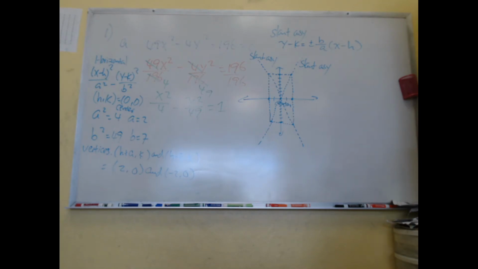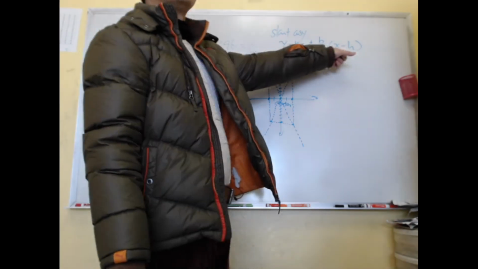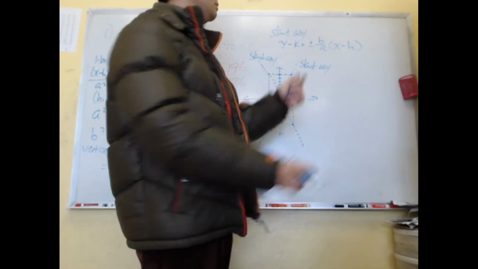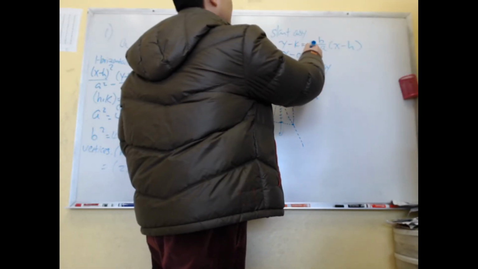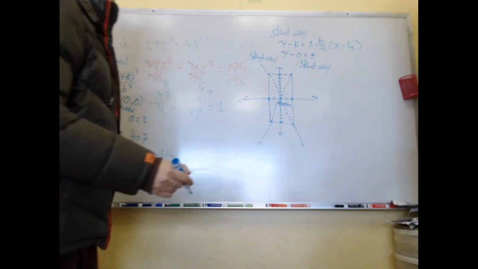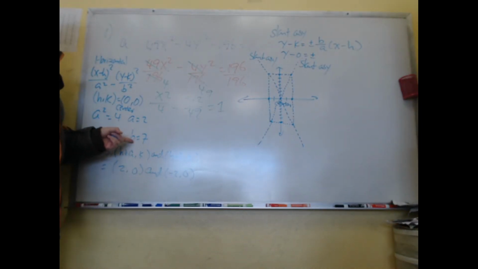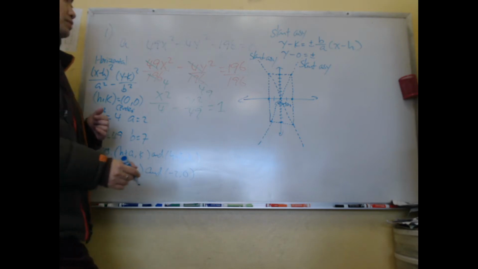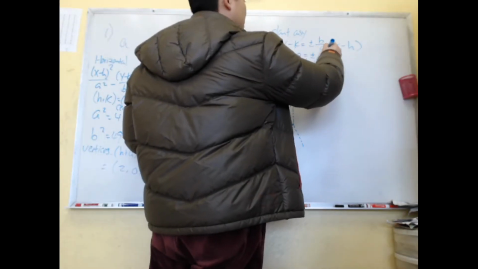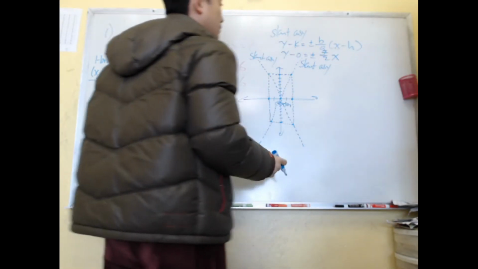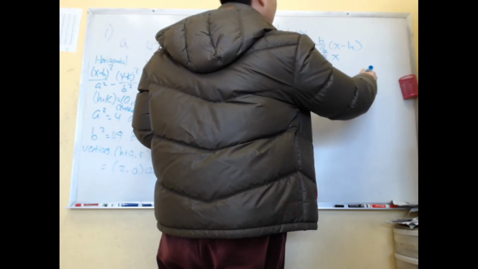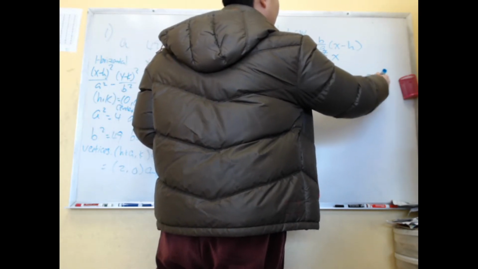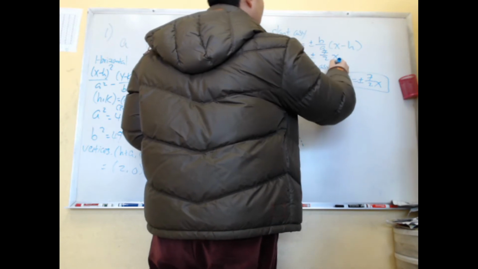Right? What's h and k? 0, 0. Just plug in the numbers. B over a, what's b? 7. A is 2. So plus or minus 7 over 2, x. So that means y equals plus or minus 7/2 x. These are the slant asymptotes.